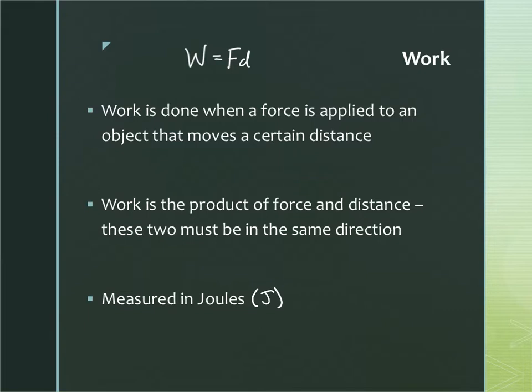And when work is done vertically, you might notice something different where the force is equal to the weight of the object. Because if you imagine lifting something up vertically, the force you're exerting is equal and opposite to its weight.